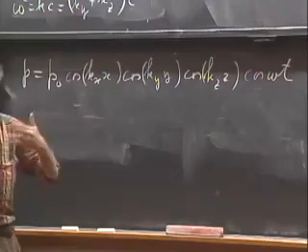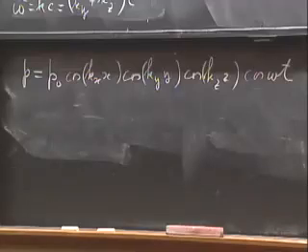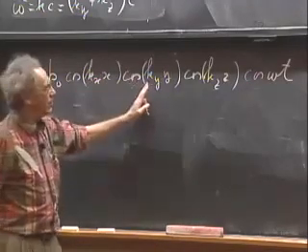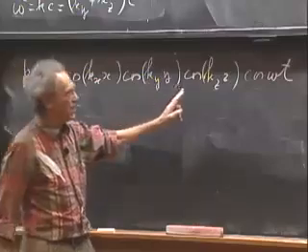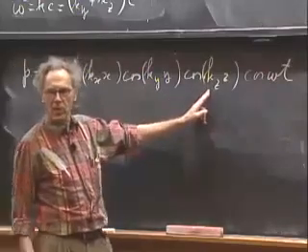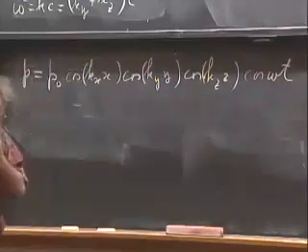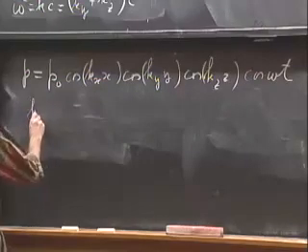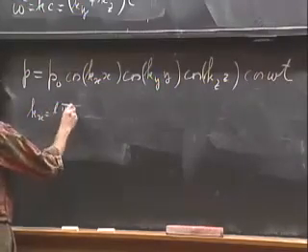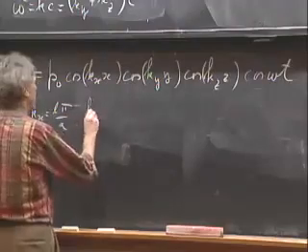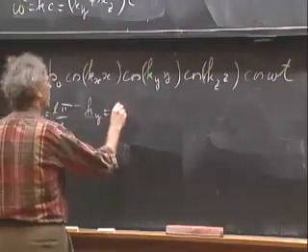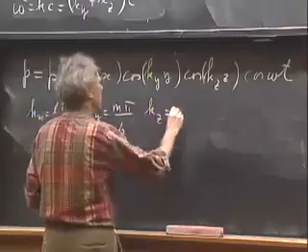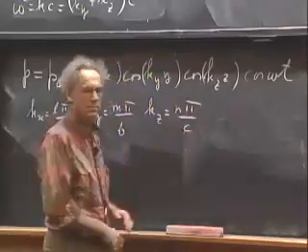And so now, in complete analogy with what I wrote on the blackboard there, I must have pressure antinodes at x equals 0 and at x equals a, at y equals 0 and y equals b, at z equals 0 and z equals c. And so now my boundary conditions require that kx is L pi over a, that ky equals Miri pi over b, and that kz is Nancy pi over c.